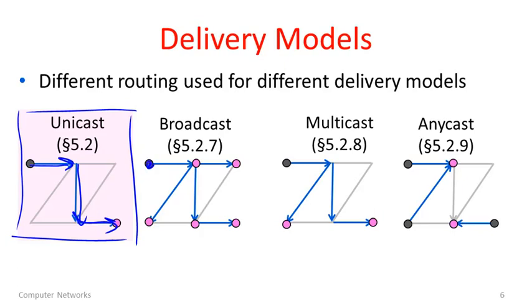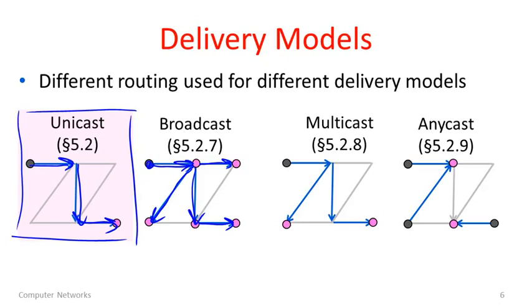So you can see here from the source here, if I follow the arrows, I'm drawing over it, it's maybe not the clearest to see, but hopefully you get the idea. If I follow these blue arrows, then I will end up delivering a copy of the packet to every other node on the network. That's broadcast.